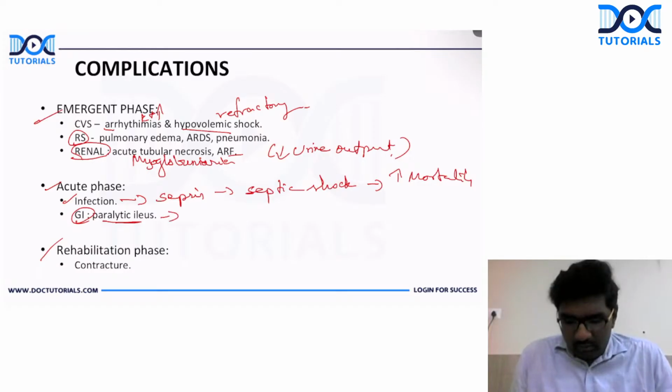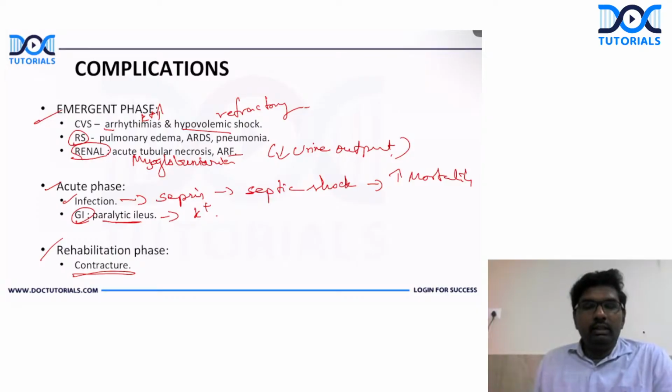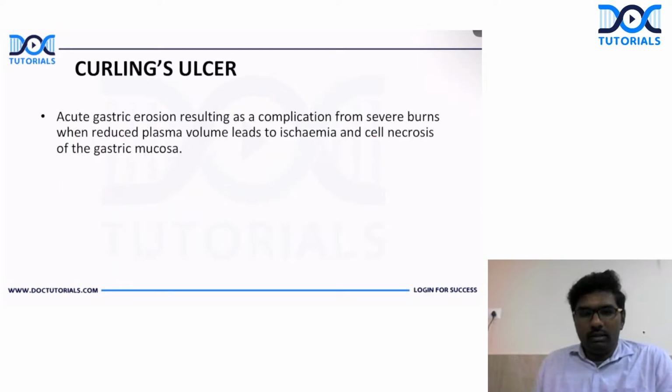This can be because of loss of fluid and also because of alteration in the potassium level. In the rehabilitation phase, during healing, the patient can develop contractures. So these are all the complications of burns.